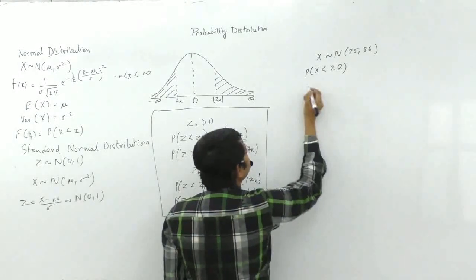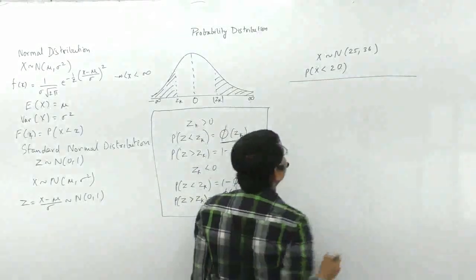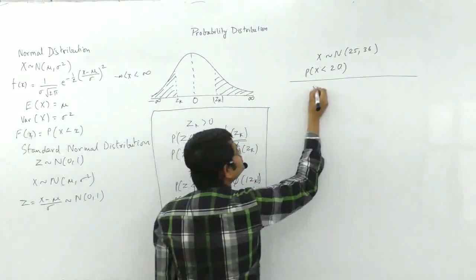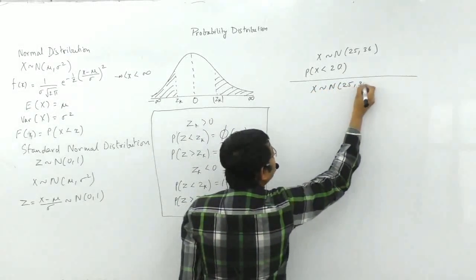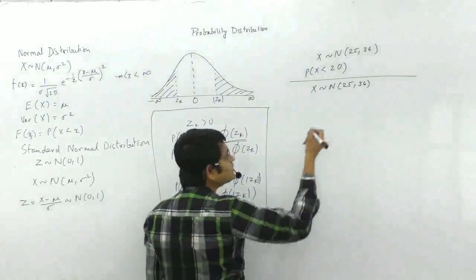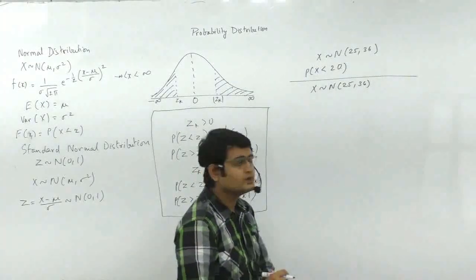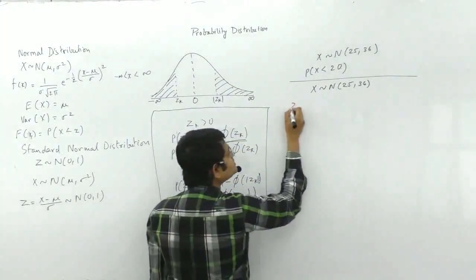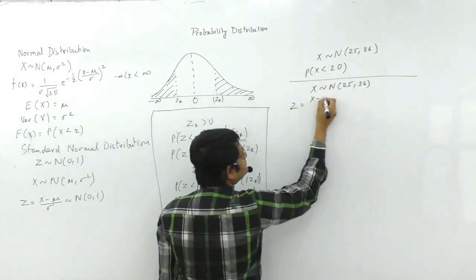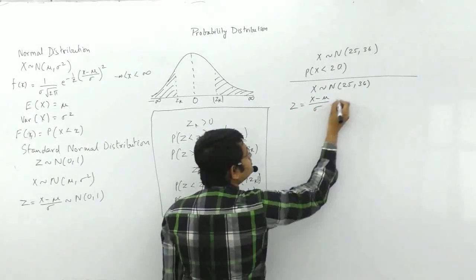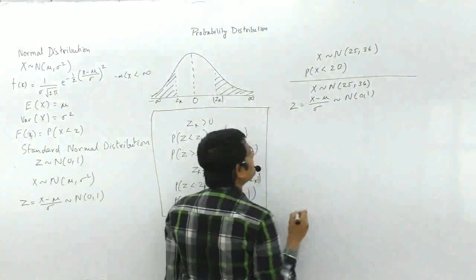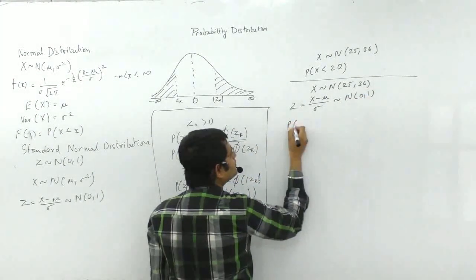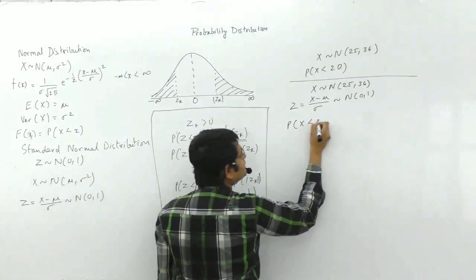For this, first of all, we'll show that our x follows normal 25, 36. Then we'll convert this normal distribution into a standard normal distribution. We'll say z is equal to x minus mu upon sigma, which will follow normal 0, 1, and then our probability x less than 20.